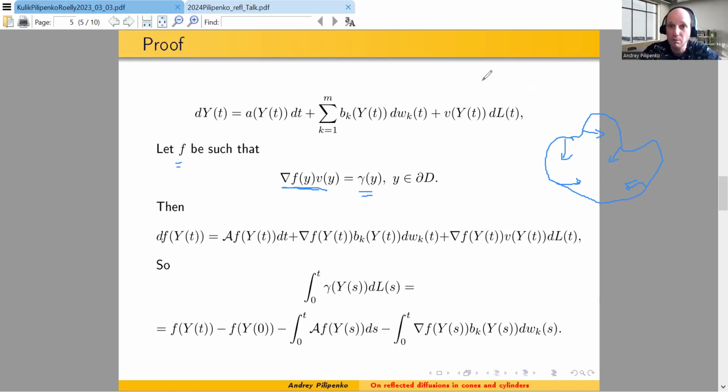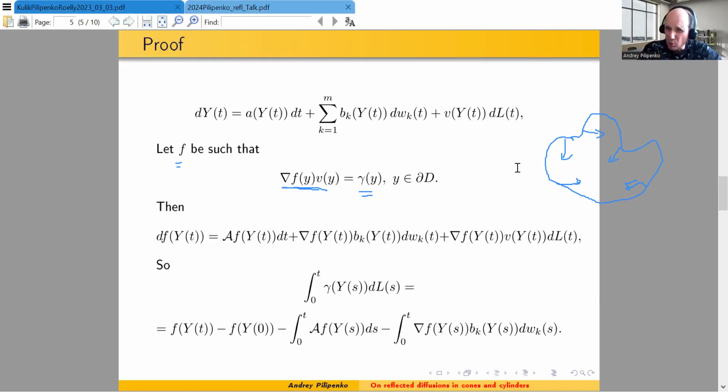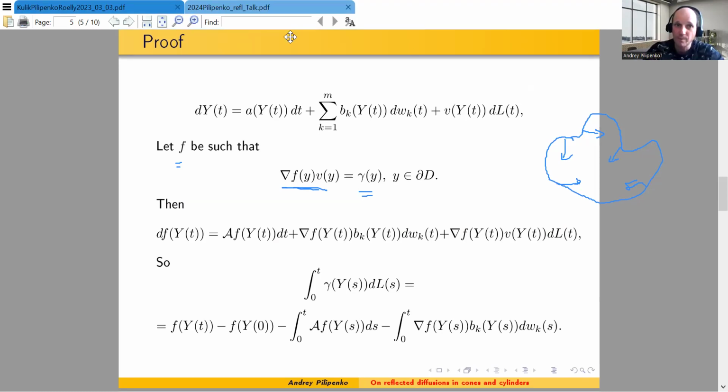And we want to estimate this gamma dL_t. It can be shown that such a function f exists. Moreover, there are a lot of functions f that satisfy this condition at the boundary. And f may be arbitrary inside and outside, so no conditions at all. So just some relation at the boundary.